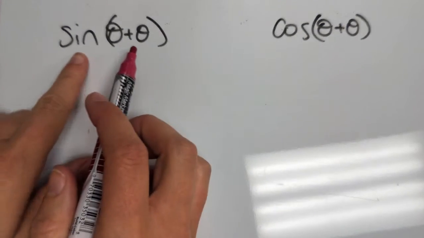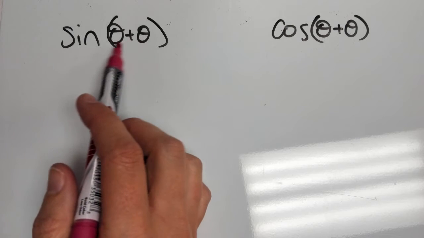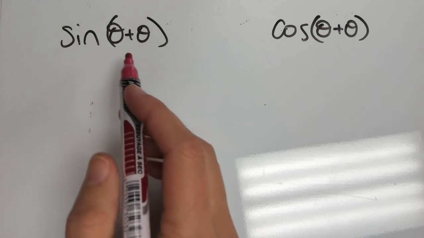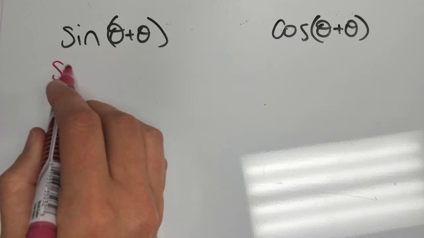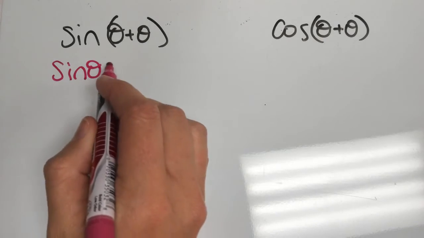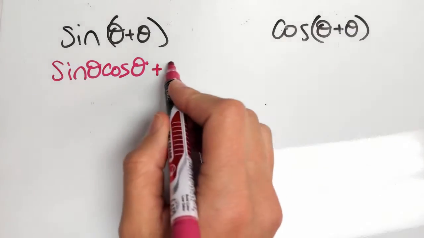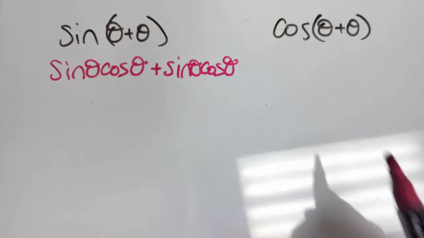So what we really have is the sum of two angles. But in this problem, we're actually adding two of the same, so that makes it 2 theta. We're just going to write it as theta plus theta. If we apply our sum formula for sine, we're going to do sine of my first angle times cosine of my second angle, but in this problem they're the same, plus sine of my second angle times cosine of my first angle.